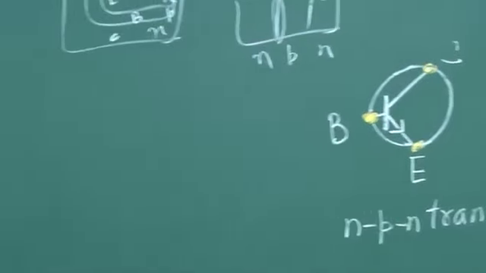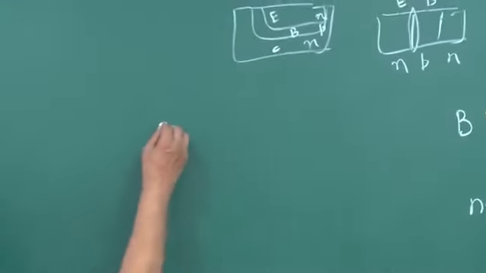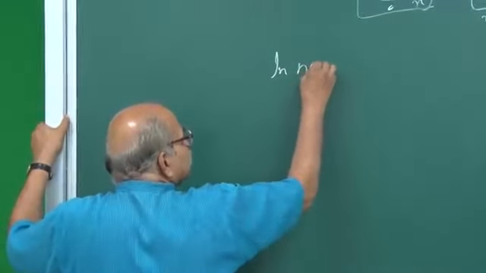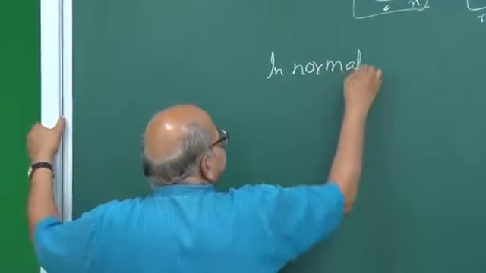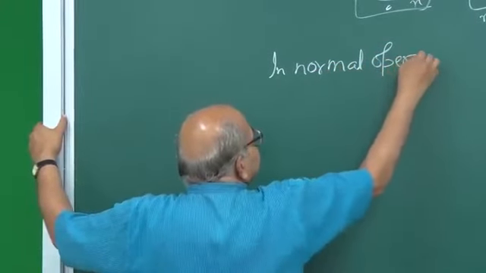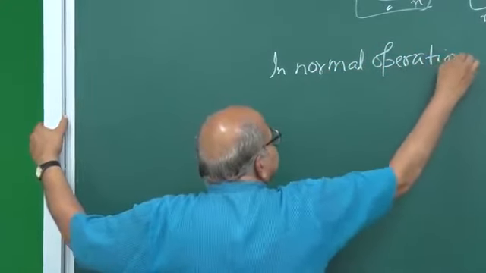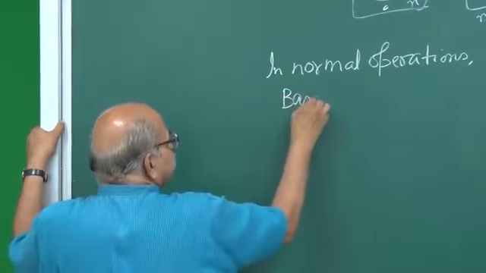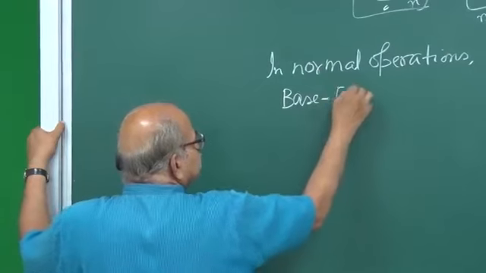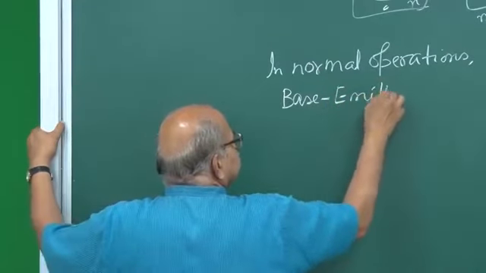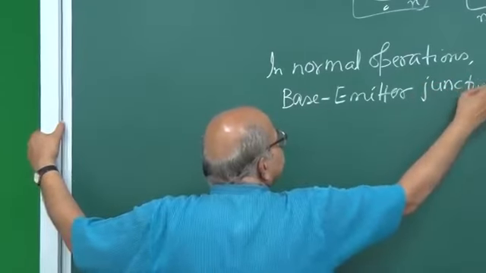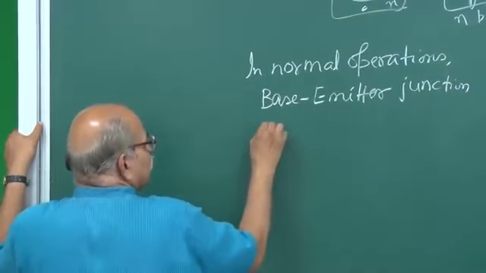This is a very important result, and you should always remember this. In normal operations, this base emitter junction, and junction means PN junction, is forward biased.